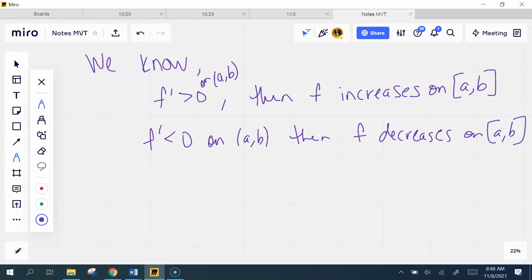Now, I will tell you, and we will get to this very soon, that the converse of this is also true. What does converse mean? Remember in geometry when you had if-then statements and you switched the if and the then part, that was the converse. So if f is increasing on AB, we can assume that the derivative is positive. And if f decreases, then we can assume the derivative is negative.